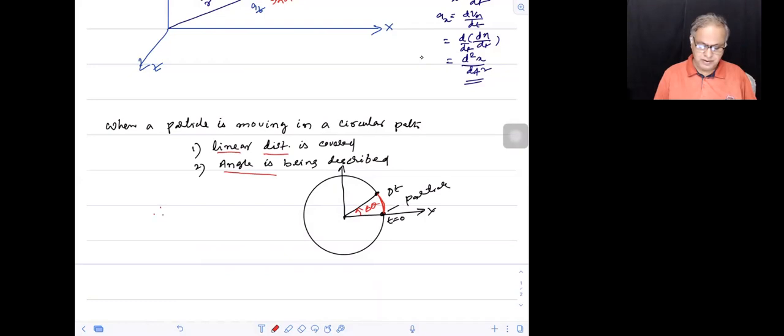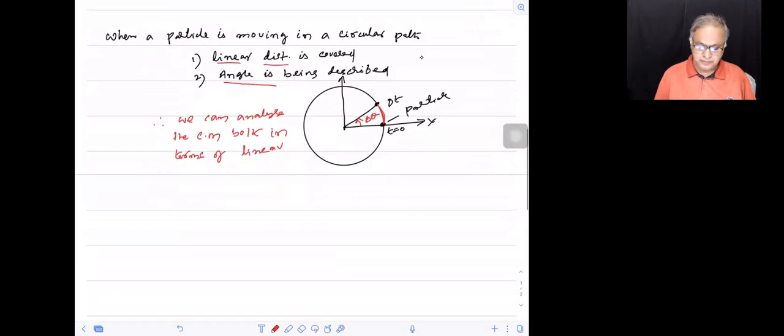Therefore, we can analyze the circular motion both in terms of linear quantities and angular quantities.